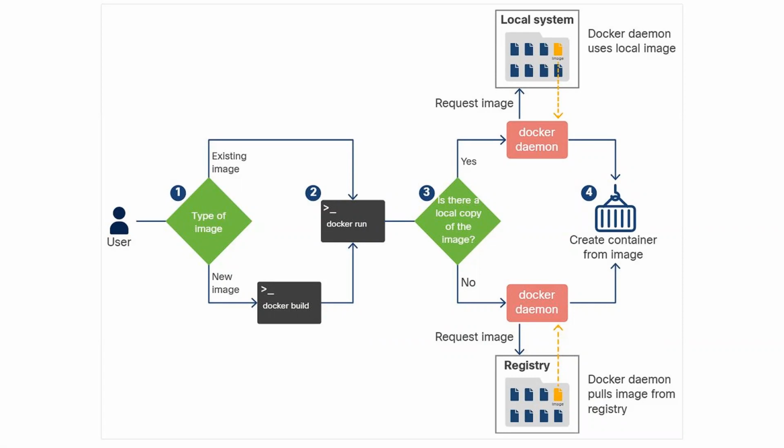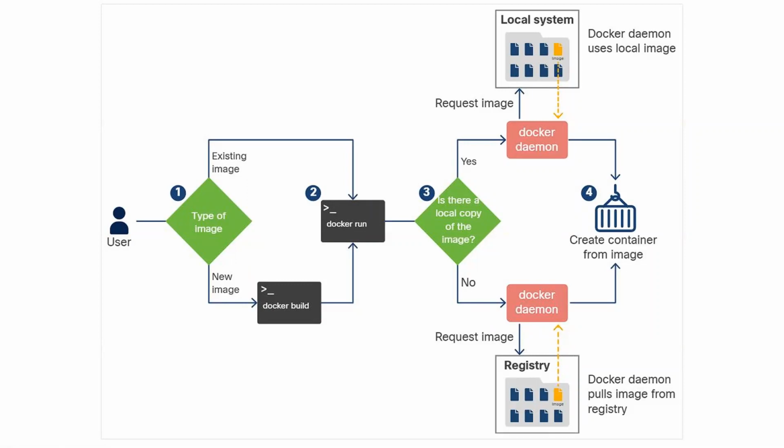First, either create a new image using Docker build or pull a copy of an existing image from a registry using Docker pull. So it's this part. Depending on the circumstances, this step is optional.